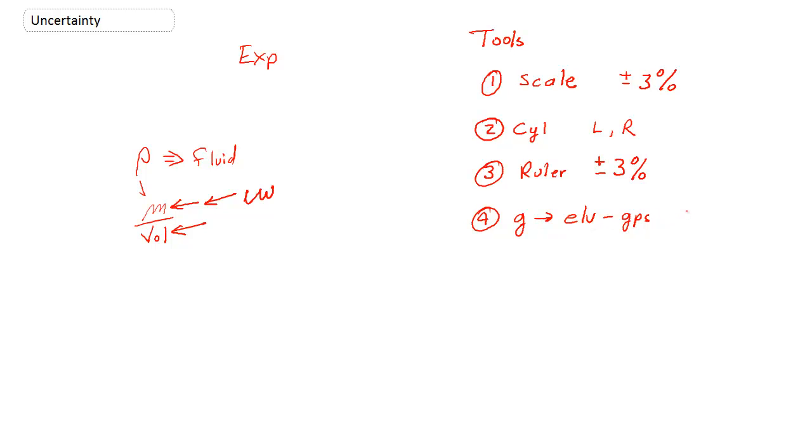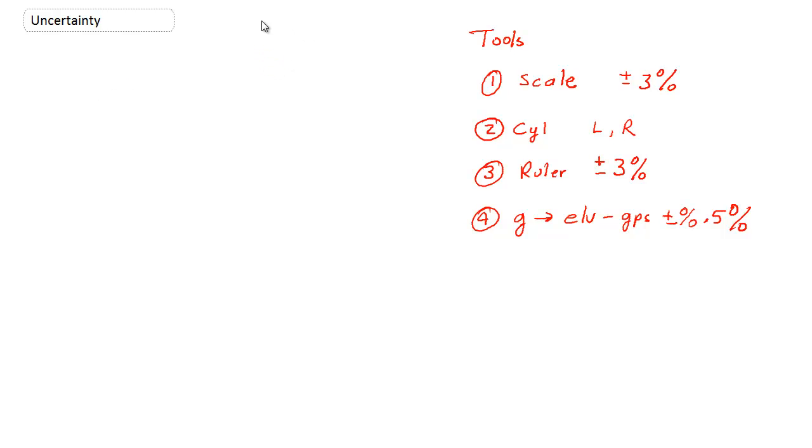But let's say we're looking at G plus or minus, say, 0.5%. Now, how do we do this? Well, we have to remember what we're trying to find here. Let's move some of this to the top. We're looking for density, so we're looking for mass per unit volume.